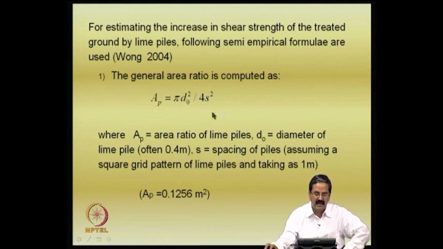This area ratio could be 0.1, 0.2, or whatever the number is. For example, I am taking a 0.4 meter pile diameter and a spacing of 1 meter. So, I will get Ap as 0.1256. That means with 1 meter spacing and a column diameter of 0.4, the Ap is 0.1256.